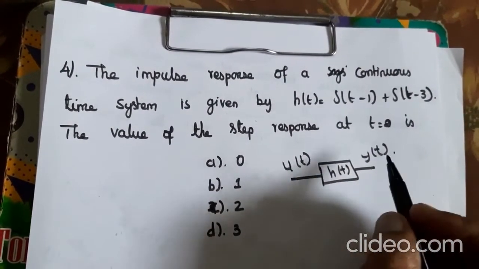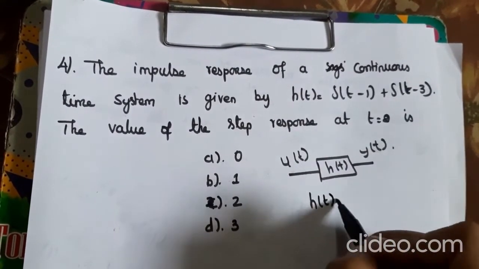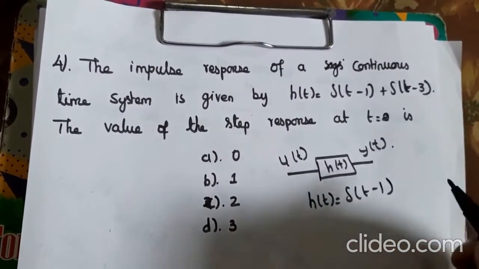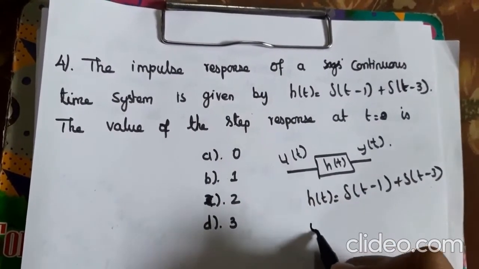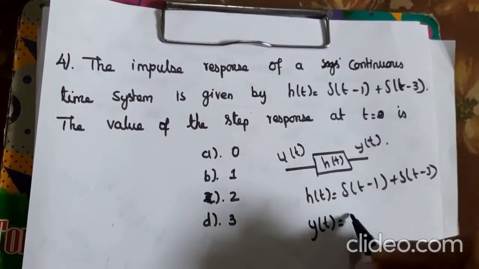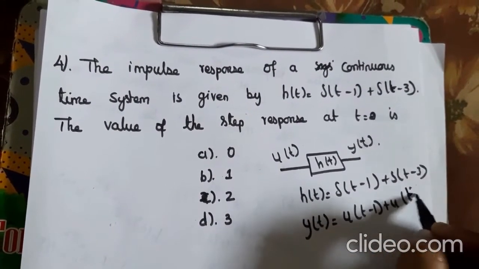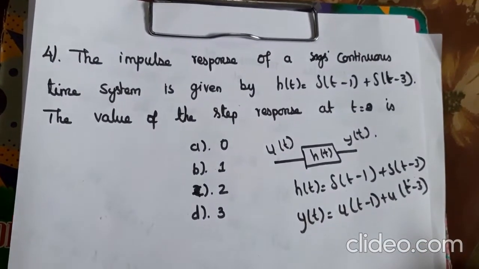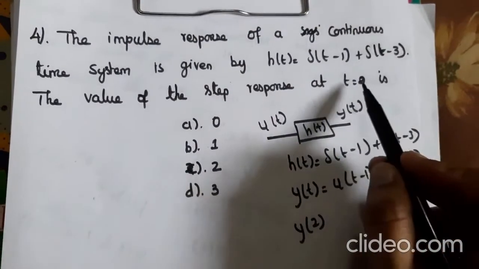And here h of t is equal to del of t minus 1 plus del of t minus 3. So we will get y of t as u of t minus 1 plus u of t minus 3. Now we have to find y of t at t is equal to 2.